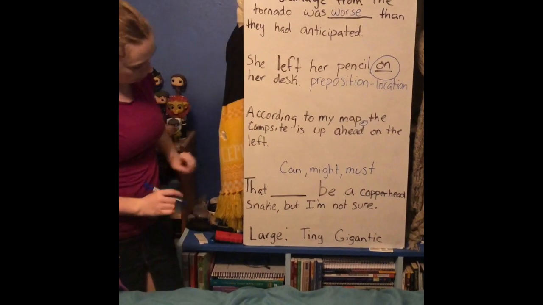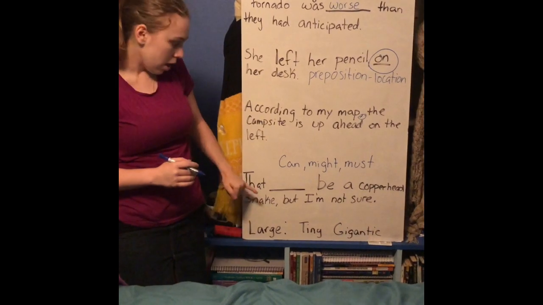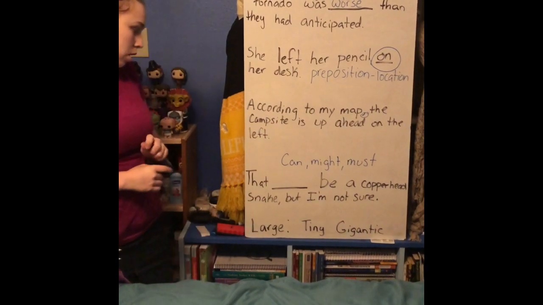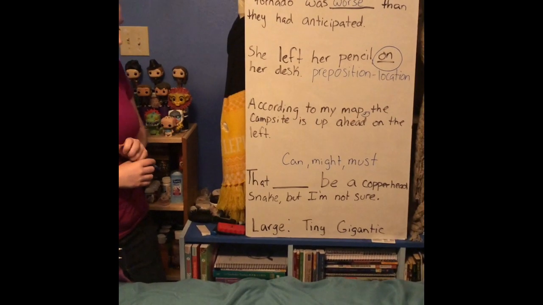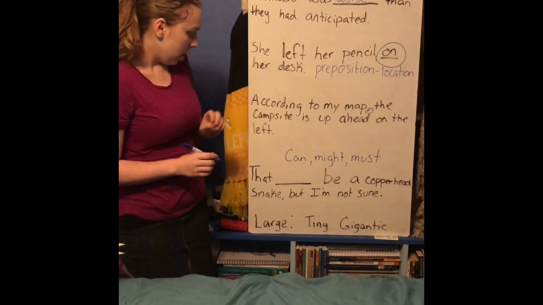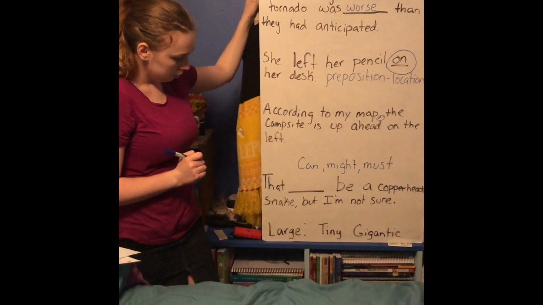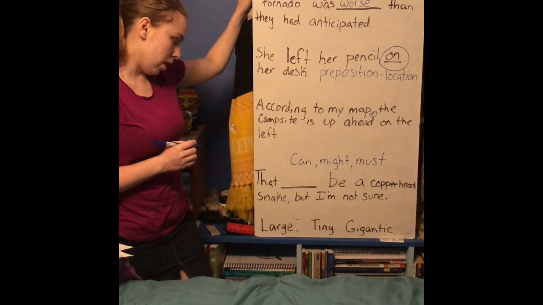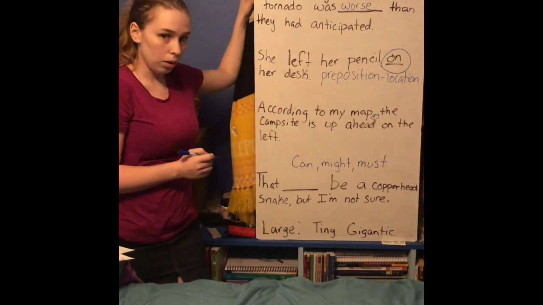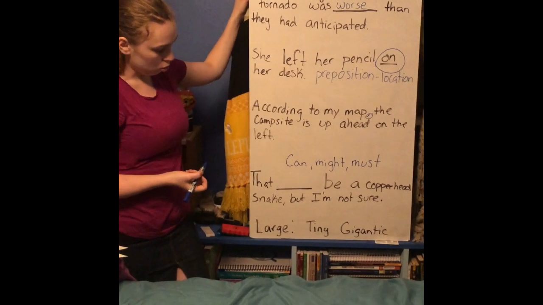And then, again, it's asking which word best fits in this blank space. That can be a copperhead snake, but I'm not sure. That could be it. That might be a copperhead snake, but I'm not sure. That might work as well. That must be a copperhead snake, but I'm not sure.